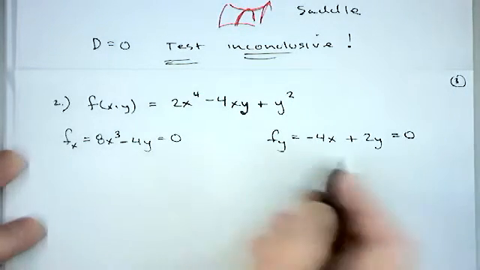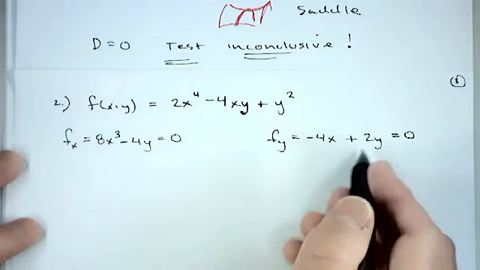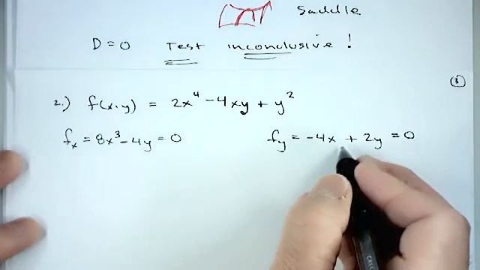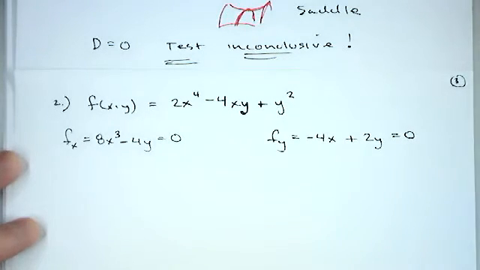And I just try to choose whichever one looks the easiest to work with. I think I like this because it's just linear. Did I do that right? Yes, I did.